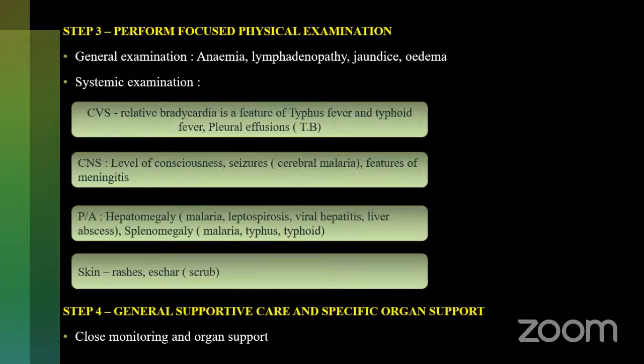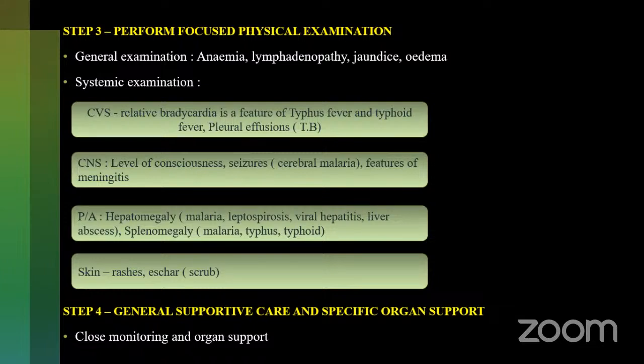The third step is to perform a focused physical examination. That would be a general examination to rule out anemia, lymphadenopathy, jaundice, and edema. In the systemic examination, we need to look for particular features that can be pointers to our diagnosis. In the cardiovascular system, a relative bradycardia is a feature of typhus fever or typhoid fever.